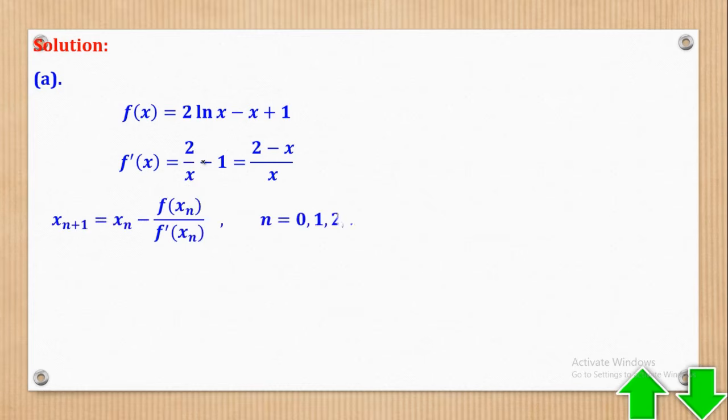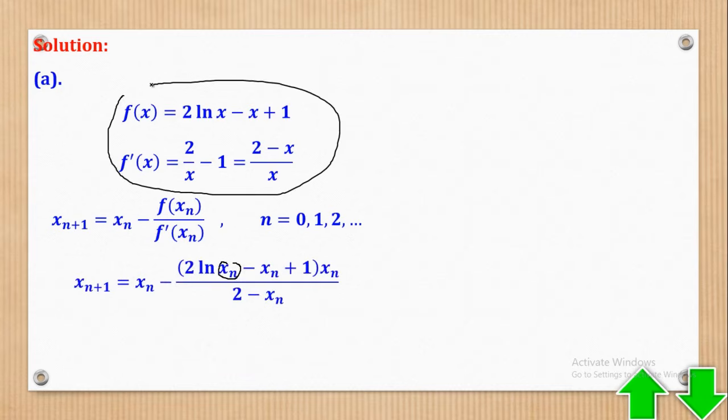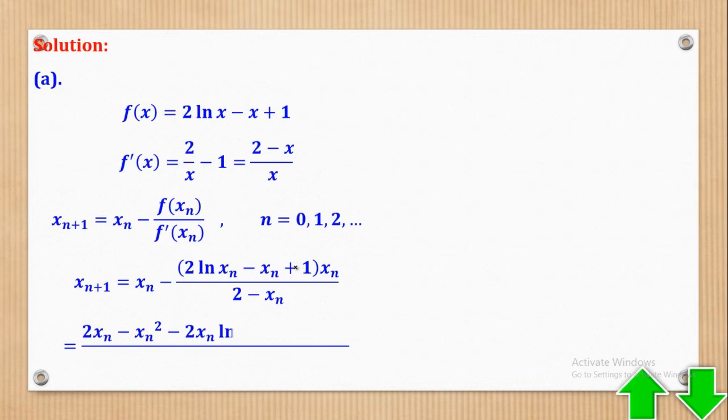After that, I quote the formula for the Newton-Raphson method, then I substitute. It is at this step that we use xn. So always remember that in these first 2 lines, we only use x. Then after quoting the formula, that's when we start using xn. Next is to combine into one quotient by getting the LCM.